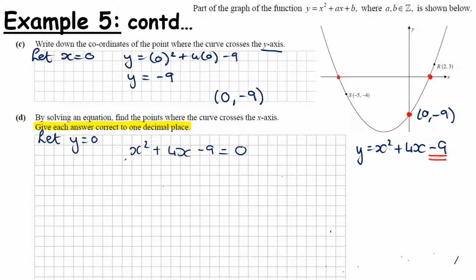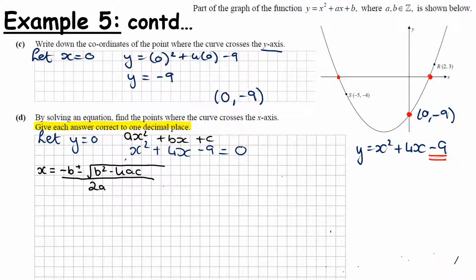of your log tables. So the minus b formula is x equals minus b plus or minus square root of b squared minus 4ac all over 2a, where we're given ax squared plus bx plus c.